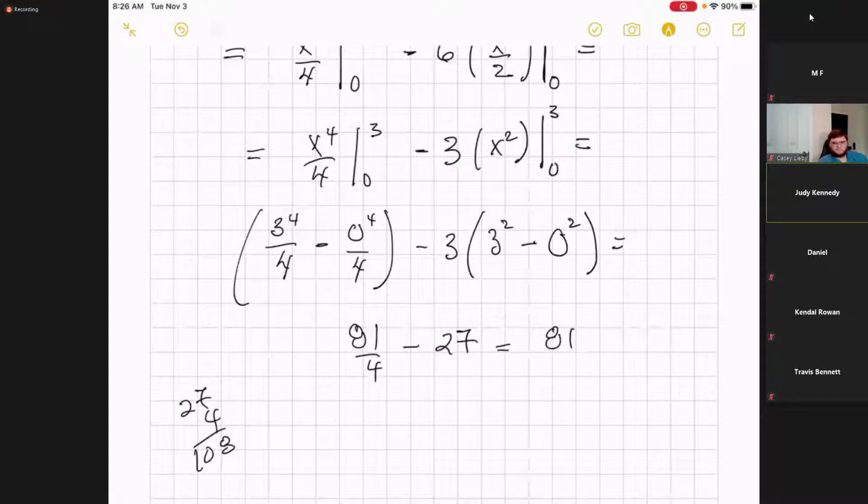So 81 minus 108 over 4. And that's equal to -27 over 4. Yeah, 108 is bigger than 81.